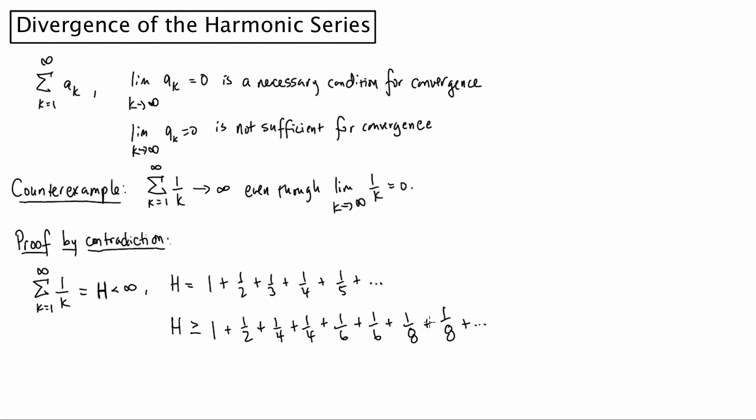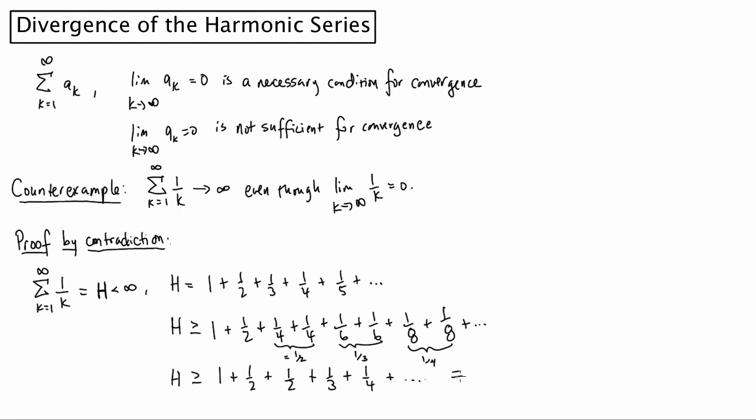And so if you take a look at this new series, then a couple of things become apparent. This is equal to 1/2. This is equal to 1/3. This is equal to 1/4, and you can see how that is going to keep going. So what I have here is that h is greater than or equal to 1 plus a half plus another half plus a third plus a fourth plus and so on.